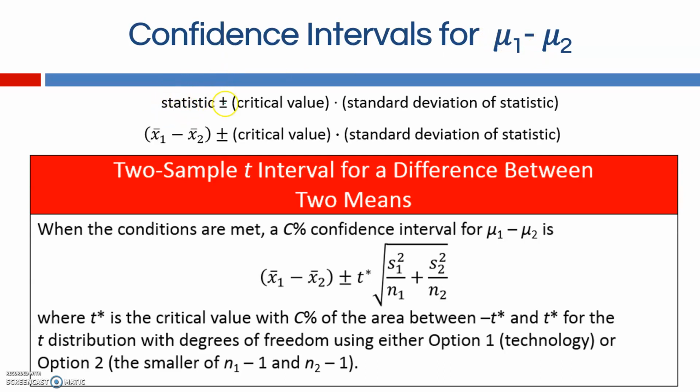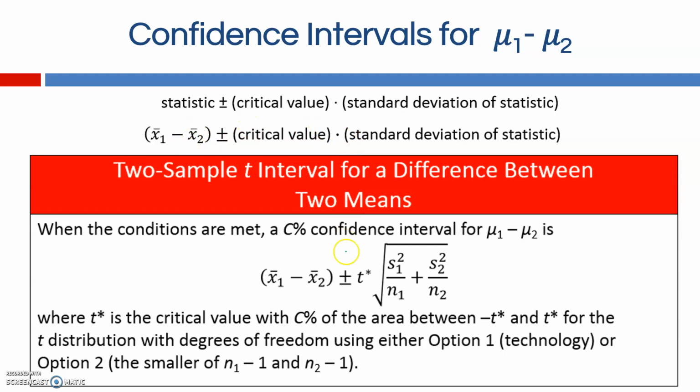Okay, as always, it starts off with your statistic or your point estimate plus minus some kind of critical value times the standard deviation or standard error of your statistic. Just as with the two proportion confidence intervals, typically starts off with you subtracting the statistic of one group versus the other. Here you're subtracting x bar 1 minus x bar 2.